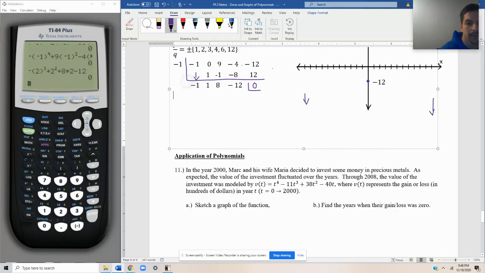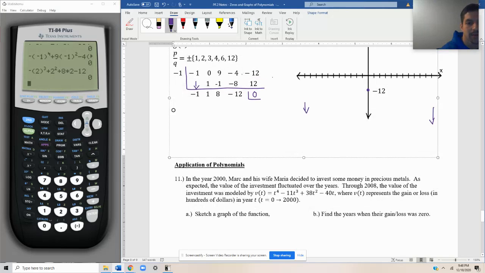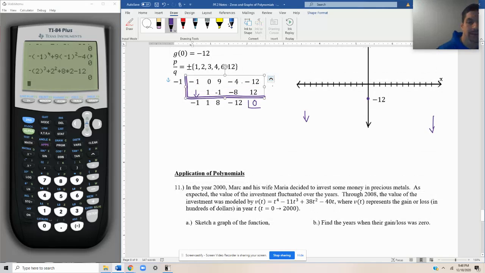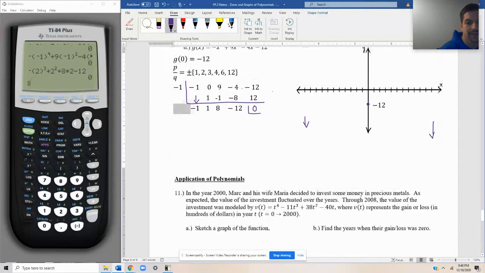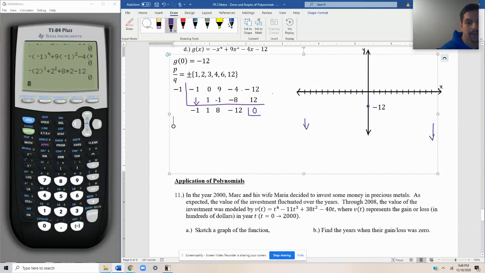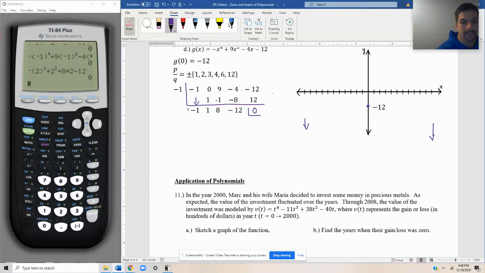So I'm going to put my positive 2 on the outside of this synthetic division.